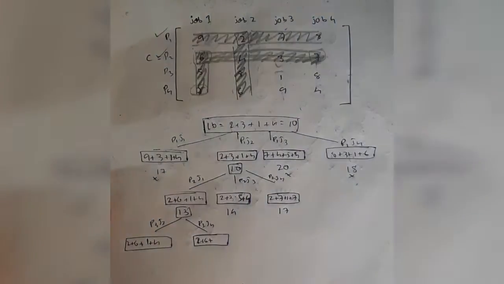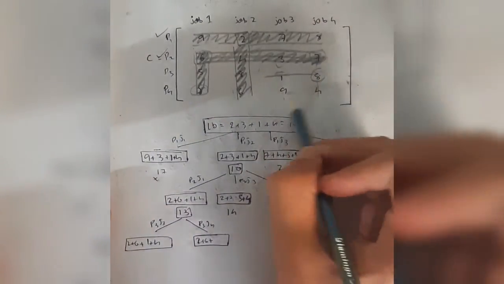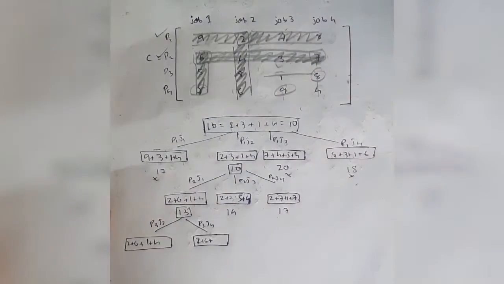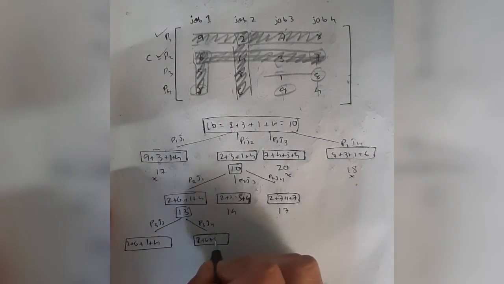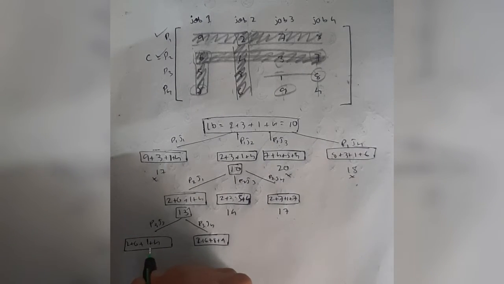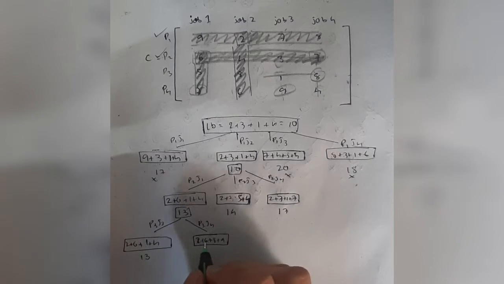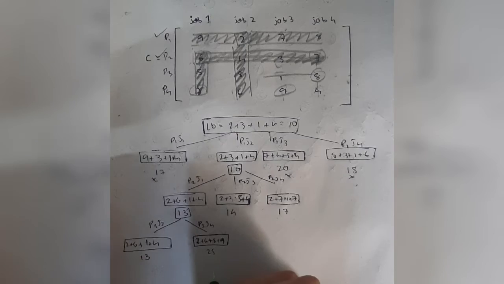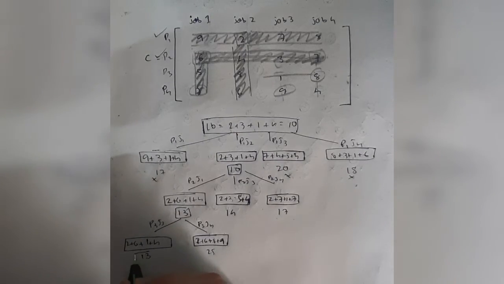If I select 8, the row and the column will be eliminated. Remaining one is 9. 8 plus 9. Now we'll be calculating the sum. 6, 7, 8, 9, 10, 11, 12, 13. 13, and from here 6, 7, 8, 8 plus 8, 16, 16 plus 9, 25. Now this is the minimum, so we'll be selecting this one.